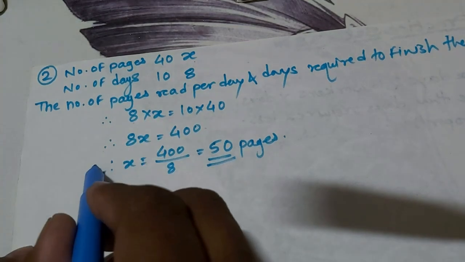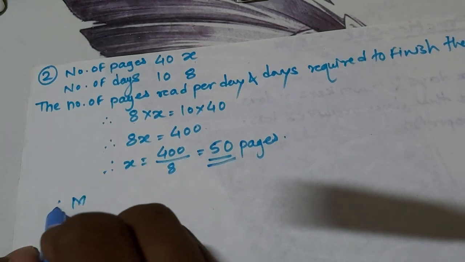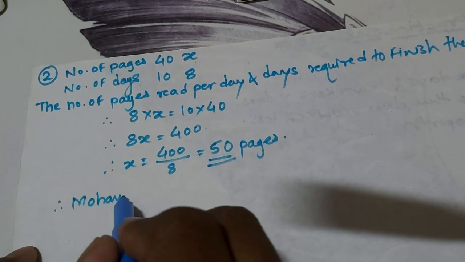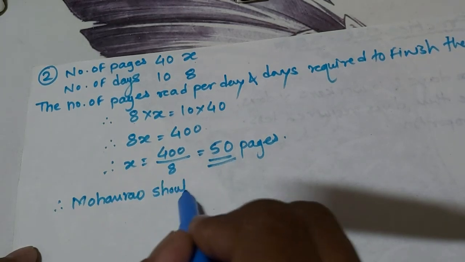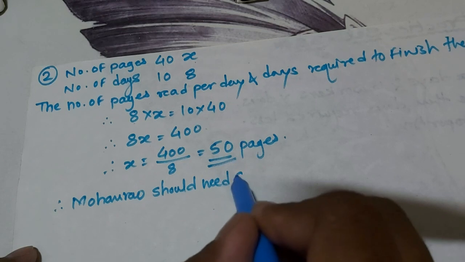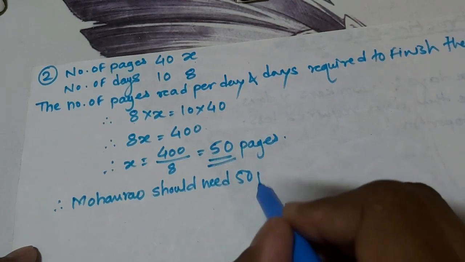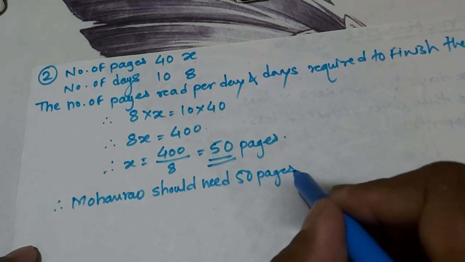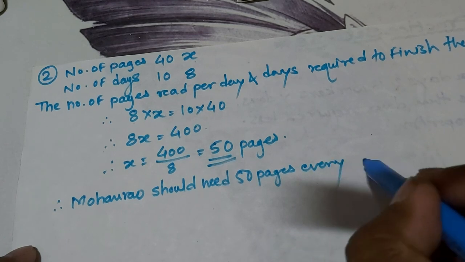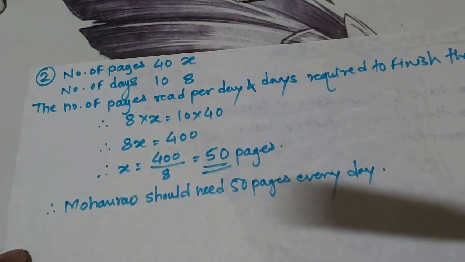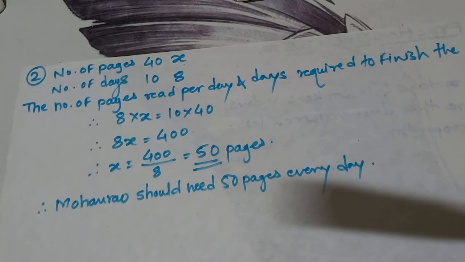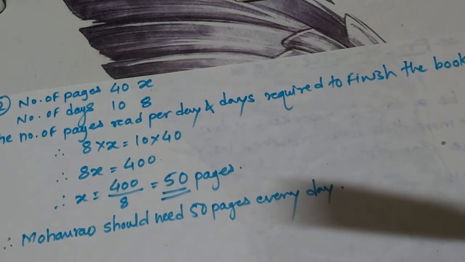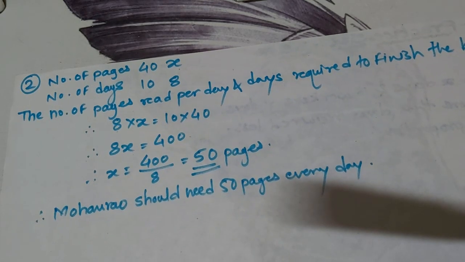So Mohan Rao should need 50 pages every day. Then only he will finish the book in 8 days. Okay, so 50 pages you have to read. So you can take a screenshot.